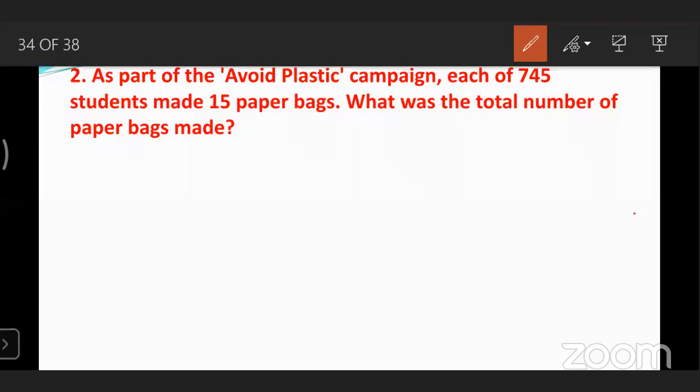Okay, now let me ask some oral questions. Listen carefully. If I have 5 chocolates and the price of one chocolate is 10 rupees, then what is the price of 5 chocolates? If I have 5 chocolates and the price of one chocolate is 10 rupees, then what will be the total price of 5 chocolates? 15 or 50?